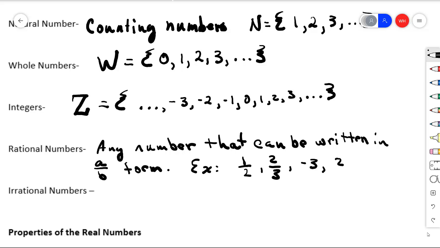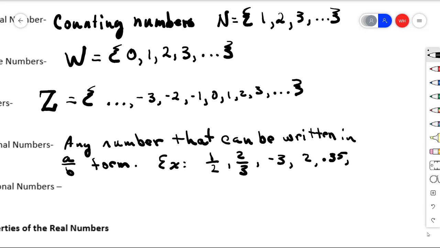Each of these are subsets of each other, but also decimal numbers. But the decimal numbers either are terminal, like 0.35, or they are repeating, like 0.3333. And I'll put a line over that last 3. And if you remember, that is 1/3 as a fraction.